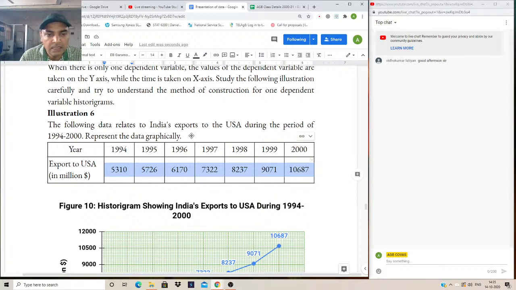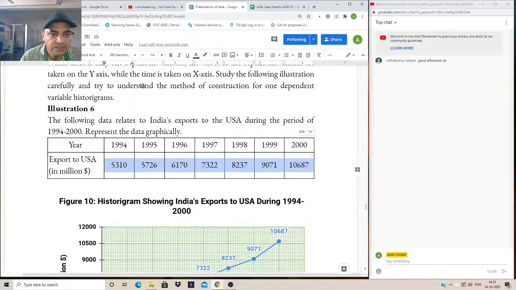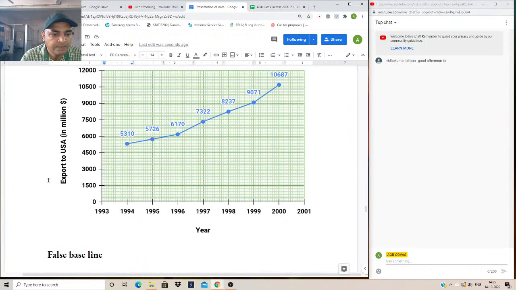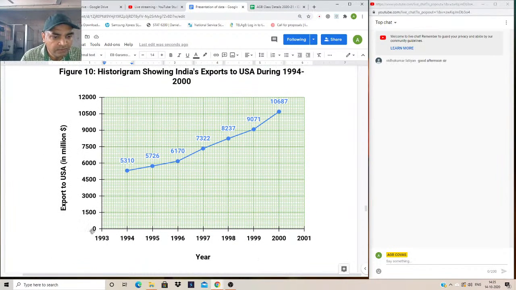As I have discussed with you, here is the various principles: this is the vertical axis, and this is the horizontal axis. On the horizontal axis, we take the time, and on the vertical axis, we take the variable. The values generally start from zero and then increase.